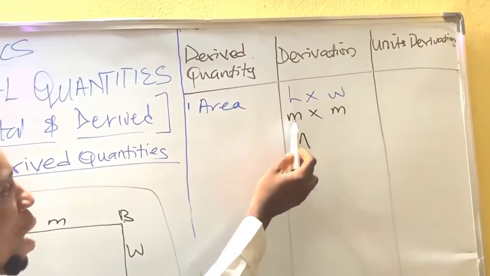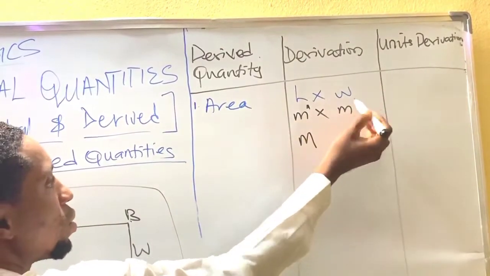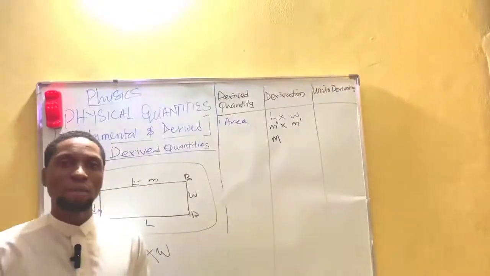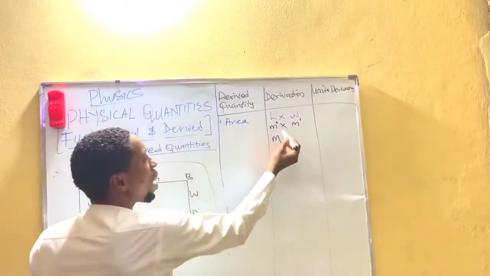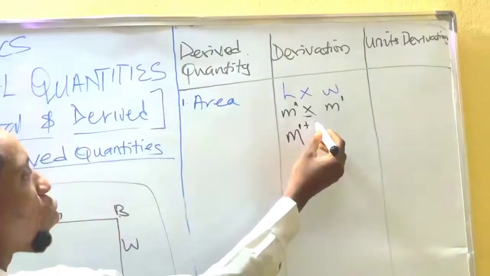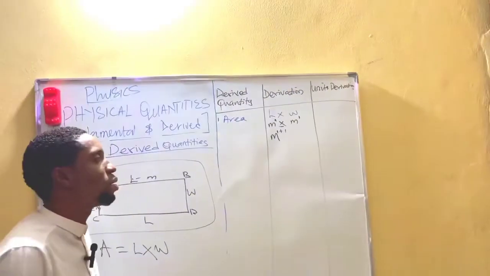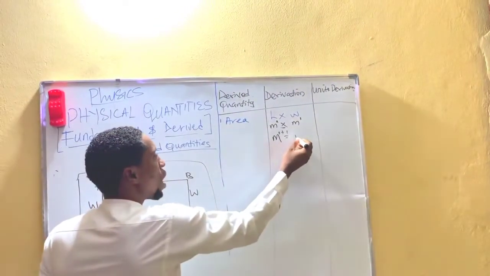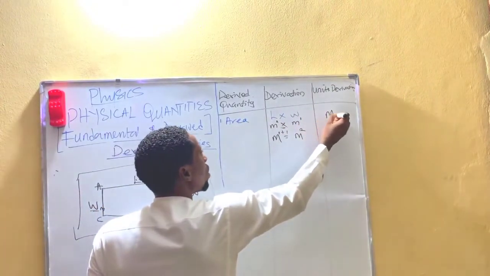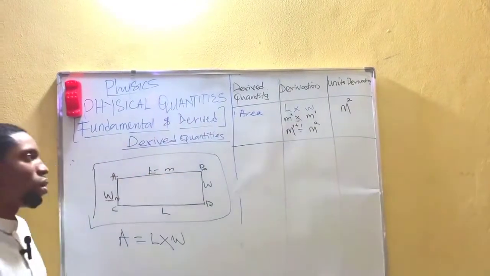The power of this m is 1. The power of this m is 1. So according to indices, multiplication changes toward addition. Since you have multiplication sign here, you're going to have 1 plus 1. That means you're going to add the power together, giving you m raised to power 2. 1 plus 1 is 2. So that we have m raised to power 2 as the SI unit of area.